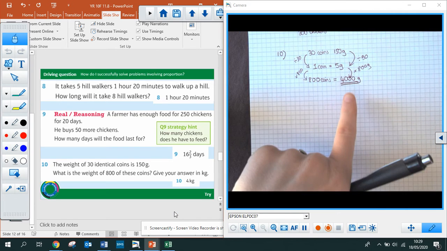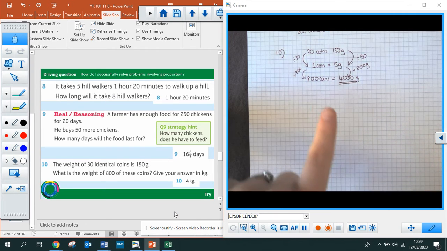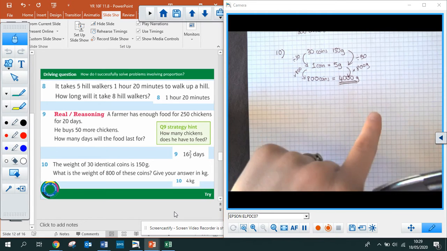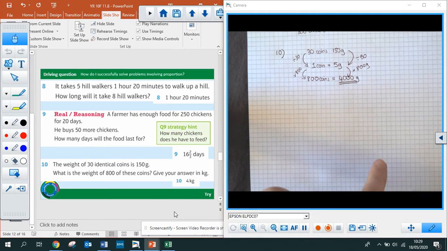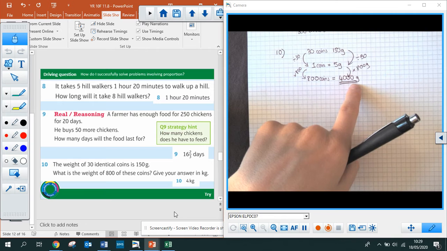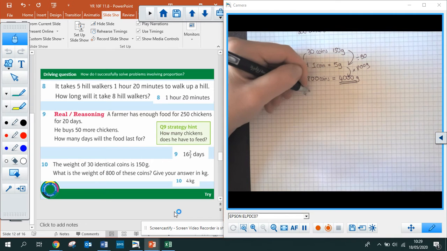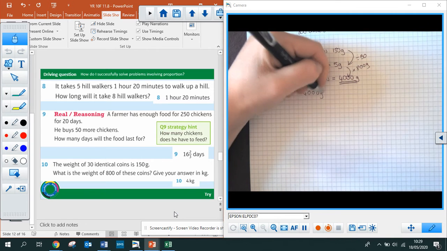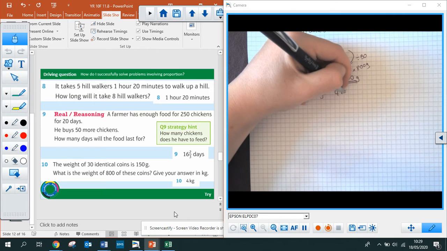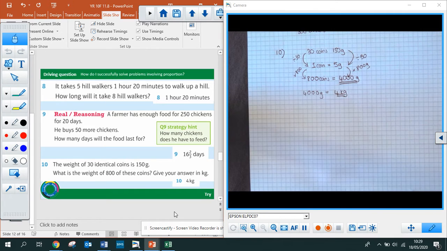That is not your final answer because the question has asked you for your answer in kilograms. I know there's 1,000 grams in a kilogram, so I need to divide 4,000 grams by 1,000, and that's going to give me 4 kilograms, okay? Or maybe you knew that 4,000 grams is 4 kilograms, and your answer therefore is 4 kilograms.